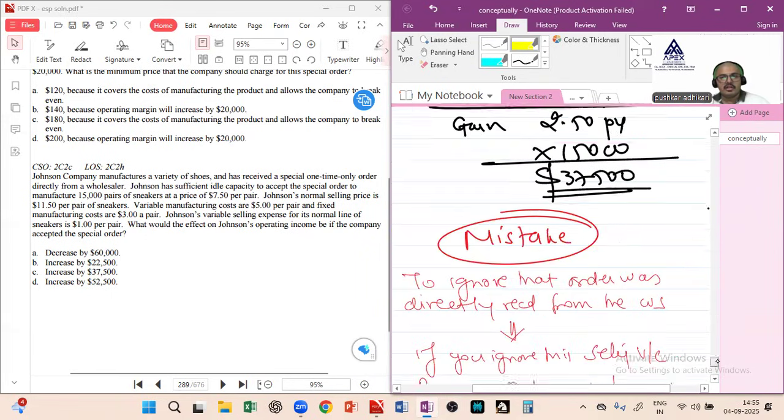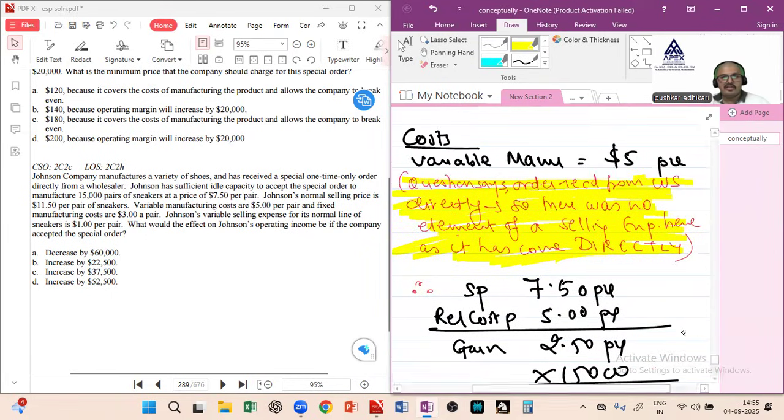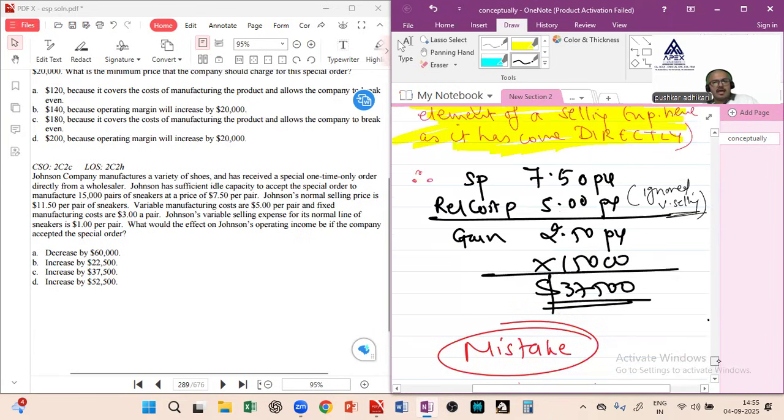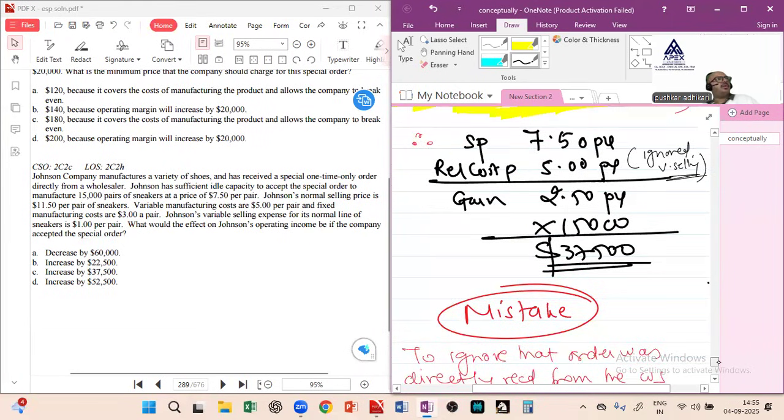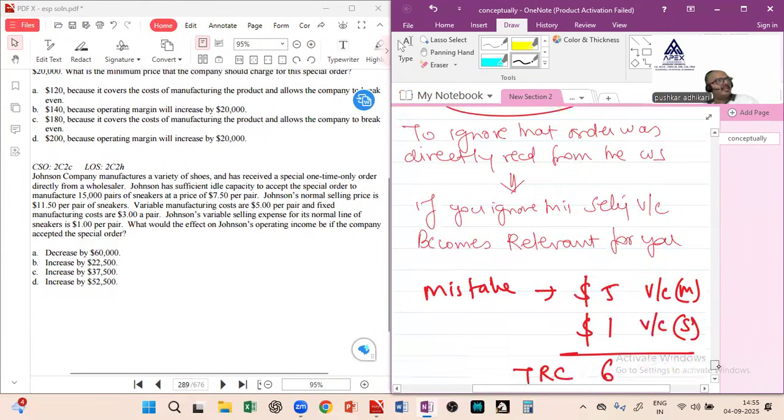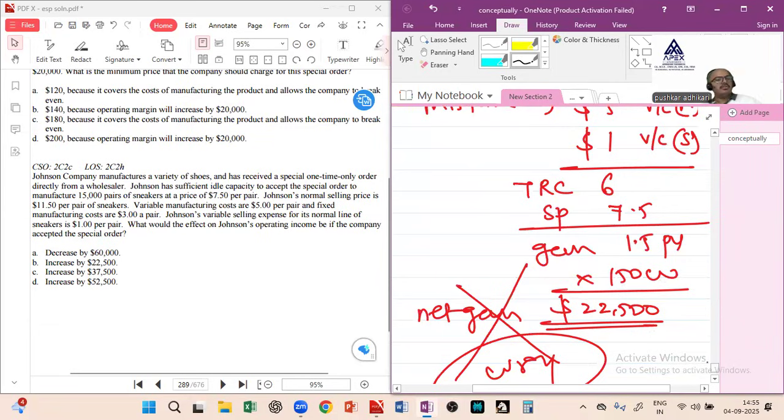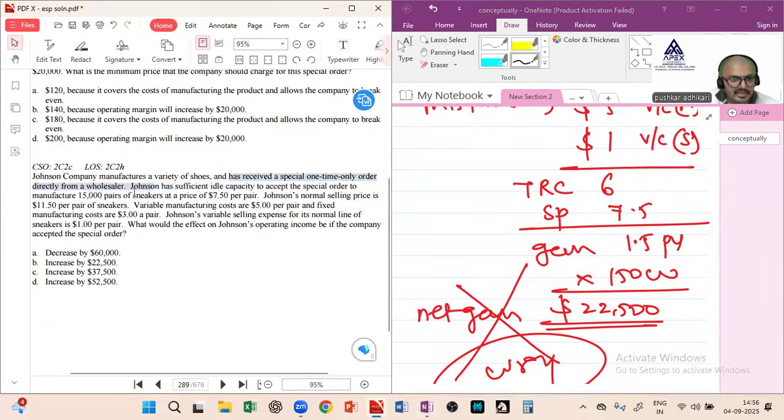Therefore, we have ignored the variable selling cost. It comes to 2.5. Therefore, the total is 37,500. The mistake will be to take it by ignoring the words received directly from the wholesaler.